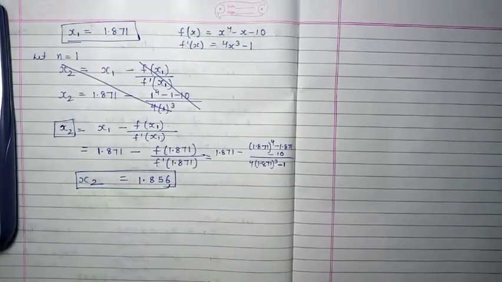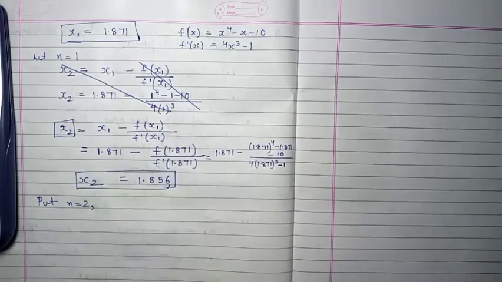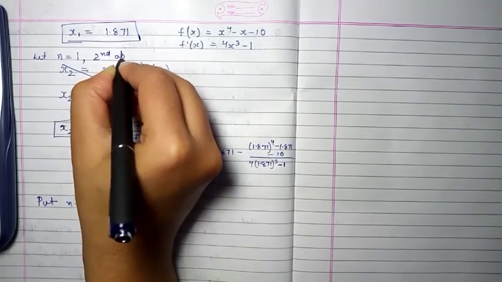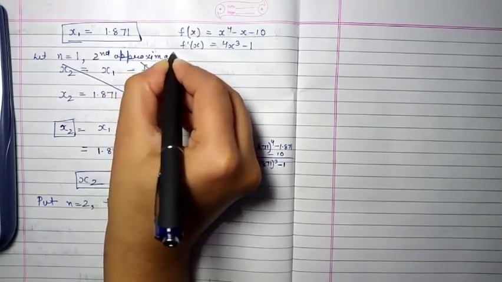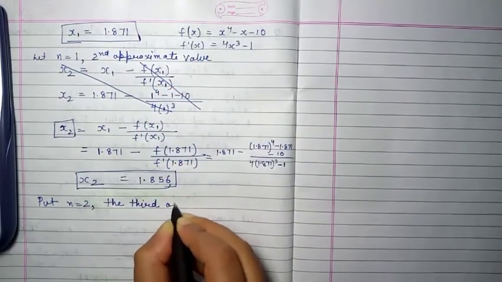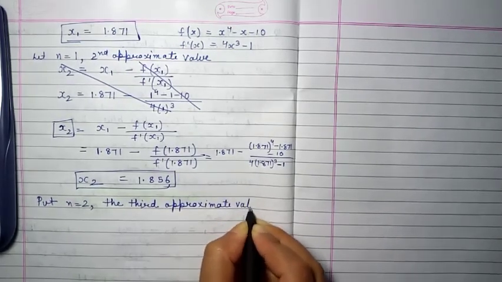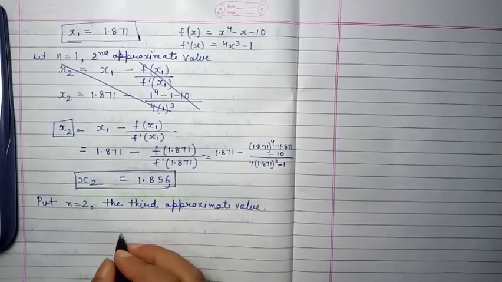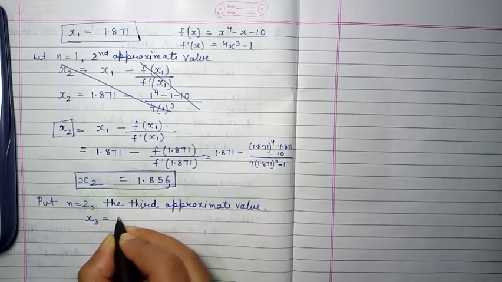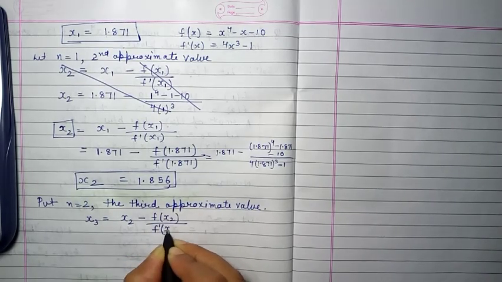Now again we will find the value of x3. So we will put n equal to 2, and here we have got the second approximate value. Now the third approximate value is x3 equal to x2 minus f(x2) by f dash x2.